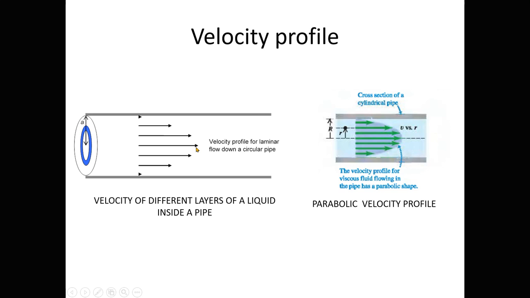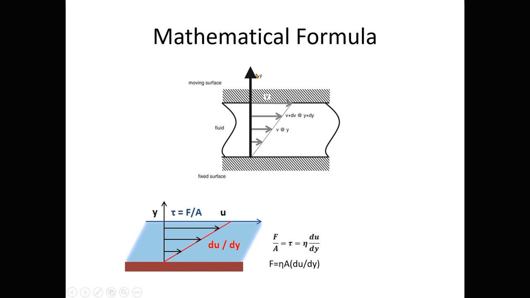Referring to this figure, this is the direction of radius and this is the direction of velocity. So velocity changes and radius also changes. There are two variables: one is velocity and the other is radius. Now we say radius is y, velocity is v, and radius is y. So velocity at this point is equal to v and radius at this point is y.